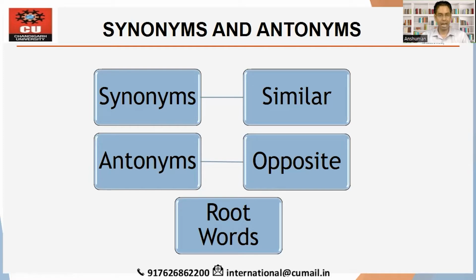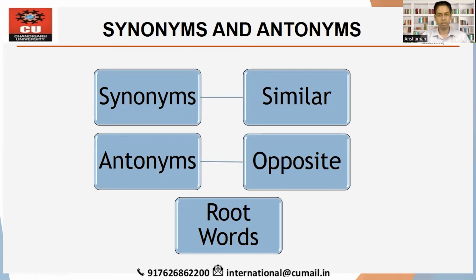If I talk about antonyms, antonyms are the words which are opposite to the word we are referring to. For example, antonym of good is bad, antonym of fat is thin, antonym of day is night.